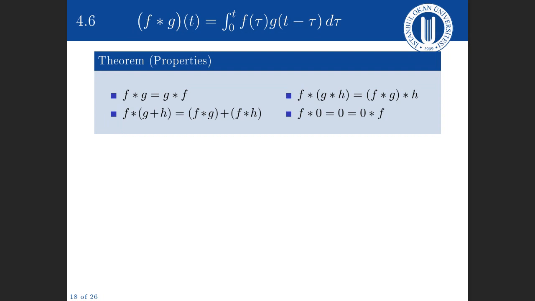The third one, if you have three functions, it doesn't matter in which order you convolute them: f convoluted with g convoluted with h is the same as f convoluted with g convoluted with h. And then the fourth one, if one of the functions is 0, then their convolution is 0.